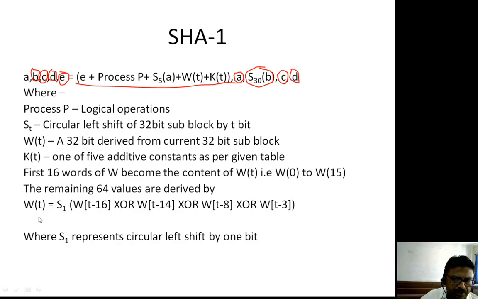Similarly W17, similarly W18, and so on up to W79. So we have W0 to W15, but W16 to W79 we have to get, and these values can be obtained by this formula.